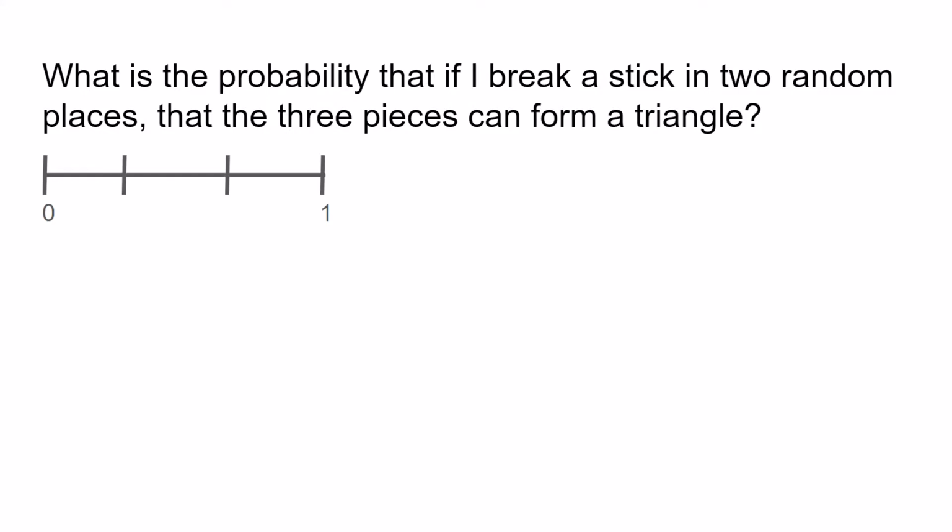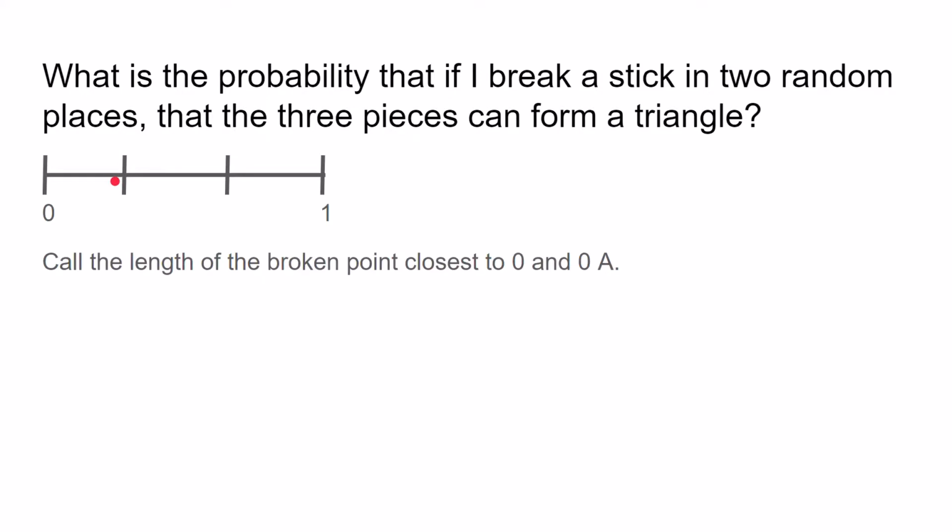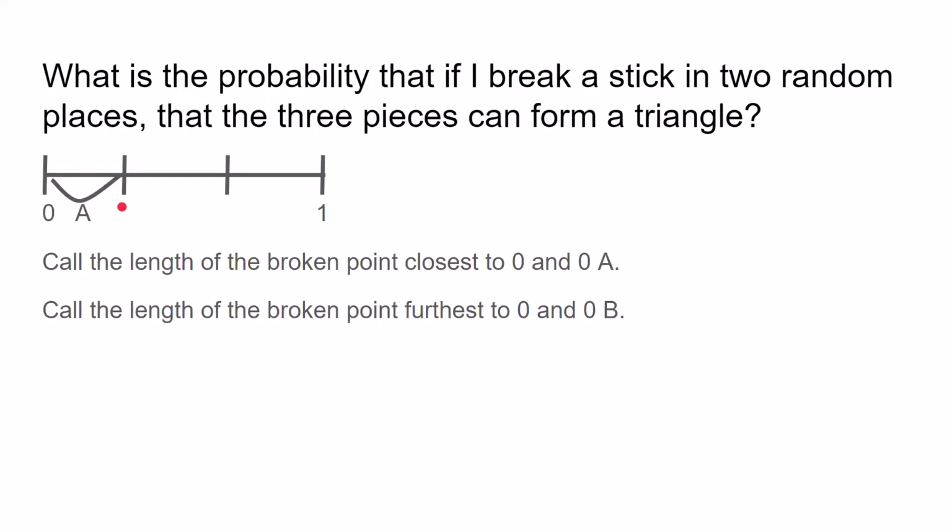Now let's say we broke it into these 2 places, and now let's call the length of the broken point closest to 0 A, and the length of the broken point farthest to 0, let's call that B.